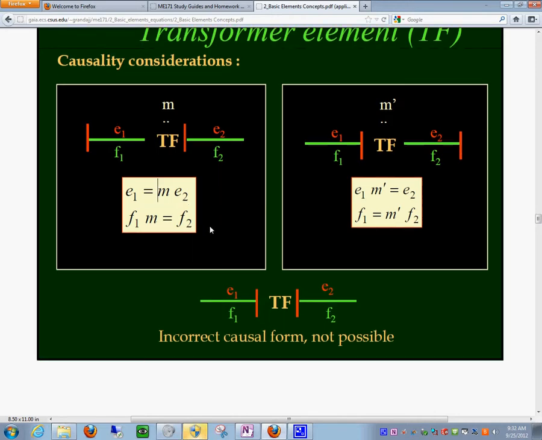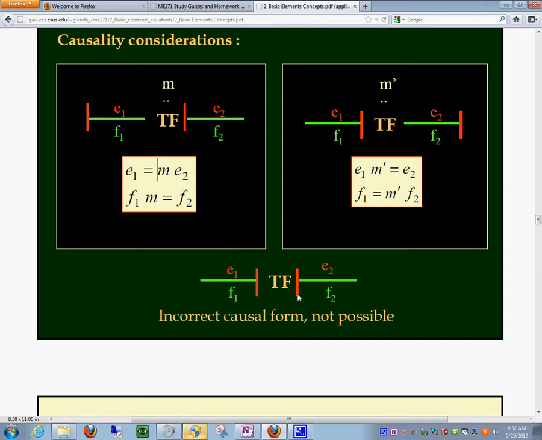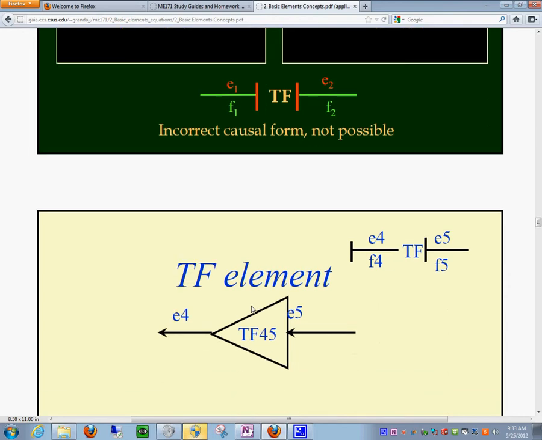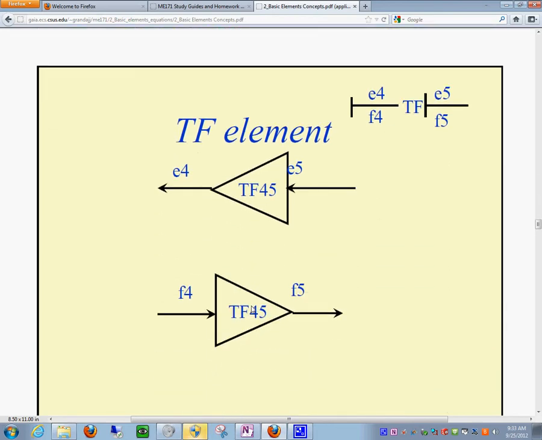Okay? This thing would never happen. This is totally not possible. The one on the bottom. I just told you so that you realize this clearly. Now here you have the TF element that you see you have E5 times the modulus, you get E4, or F sub 4 times the modulus, you get F5.